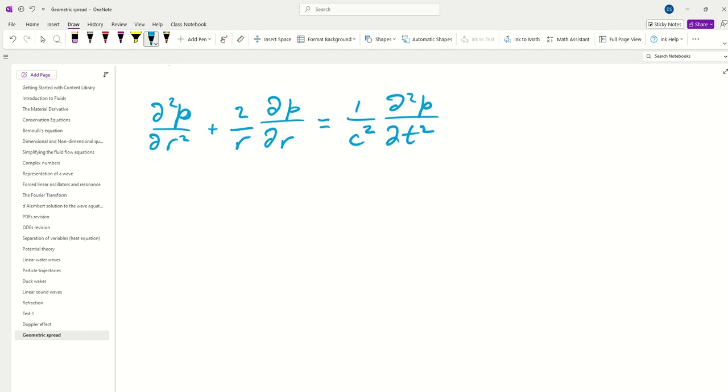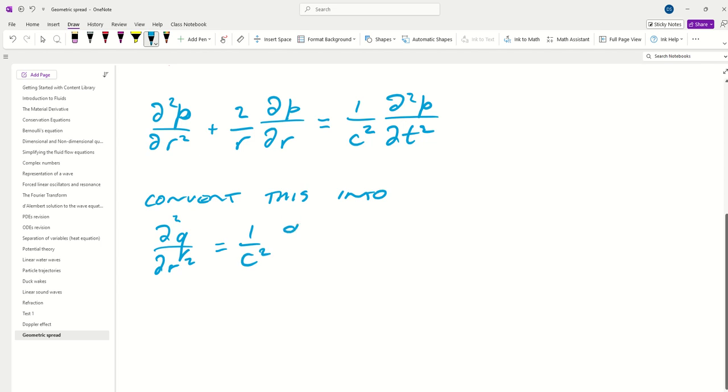And the better way is to convert this into a standard wave equation, right? So the standard wave equation would look like that, right? So we've got to figure this out.